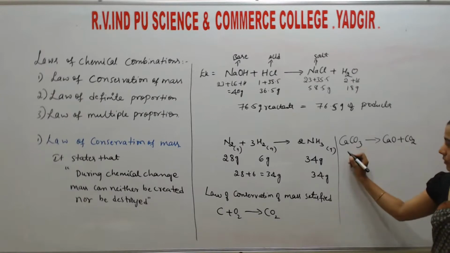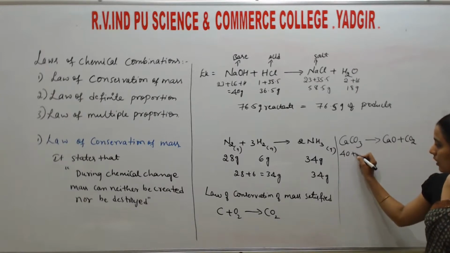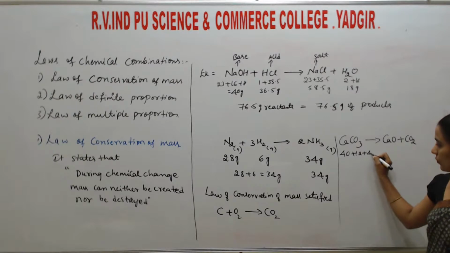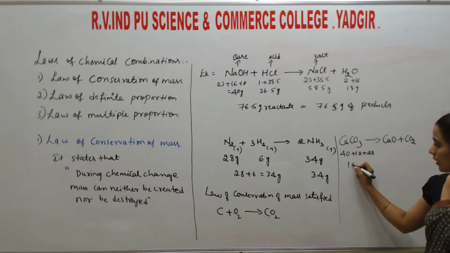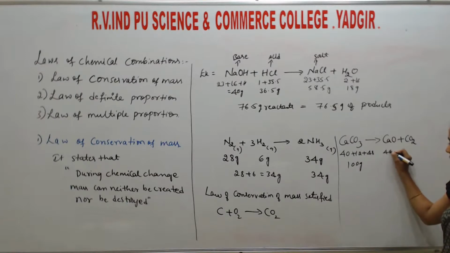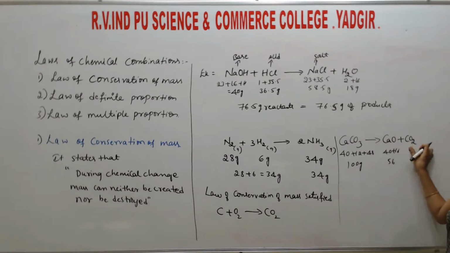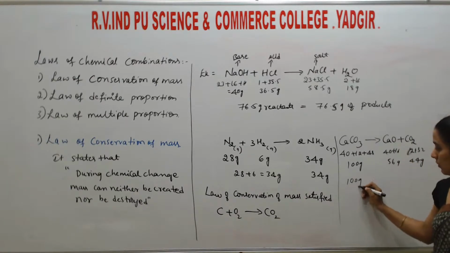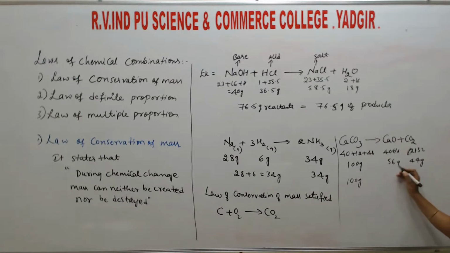Ca is 40, carbon 12, oxygen 48, total 100 gram. Ca is 40 plus 16, that is 56, and CO2 is 12 plus 32, that is 44. So 100 gram, 56 gram and 44 gram. This is 100 gram of reactant, and individually these two products also add up to 100 gram.